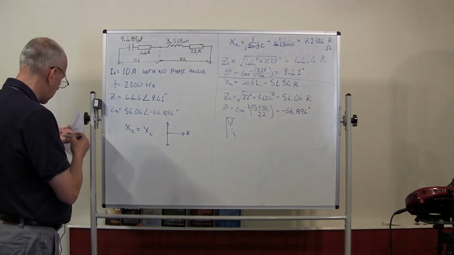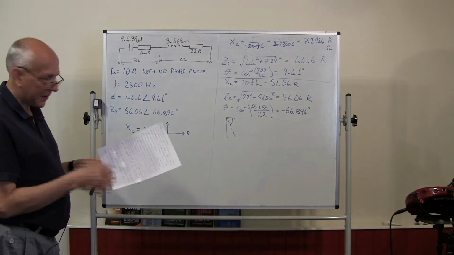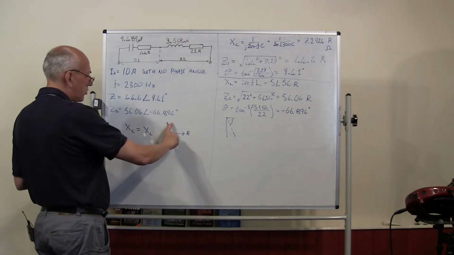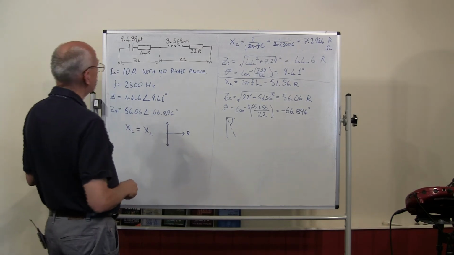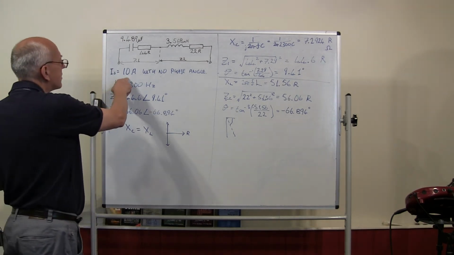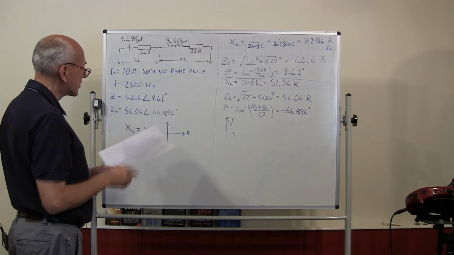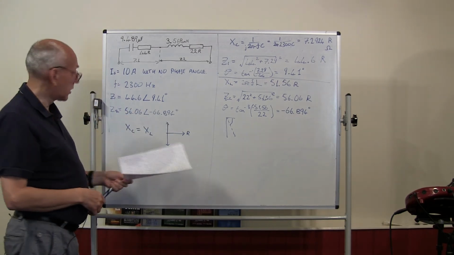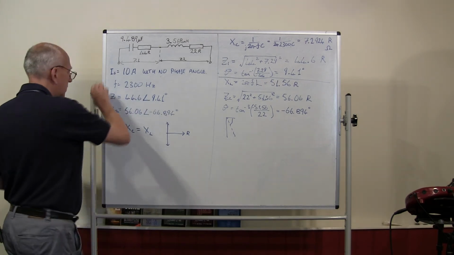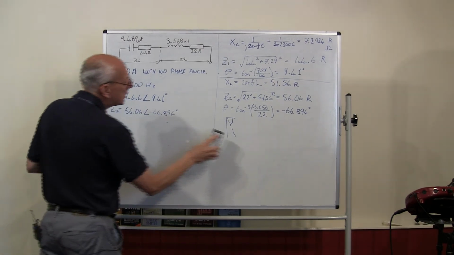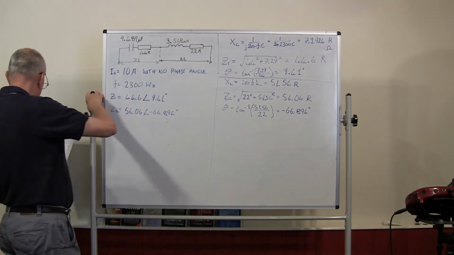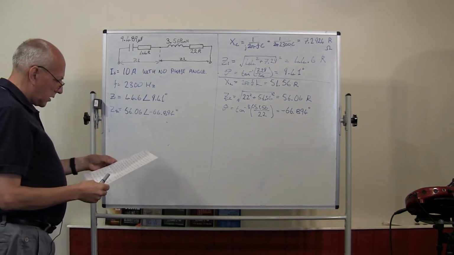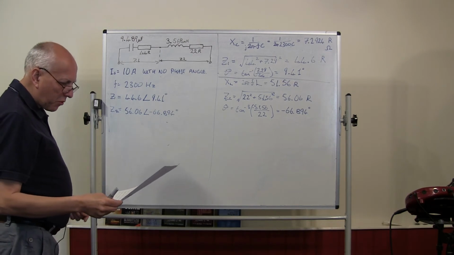It's only the inductor and the capacitance that causes a phase angle. So if they cancel one another out, you'll have no phase angle, and that's the only way you would have voltage with the same phase angle as the current. So that means the voltage must be out of phase with the current. Okay, that's what I'm getting at there. Right. So just keep that in mind as we move on.